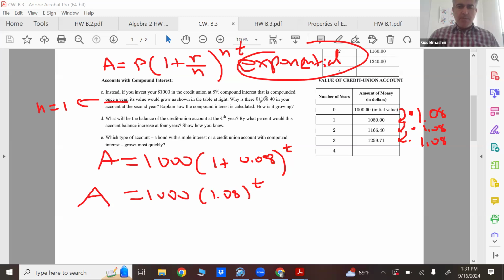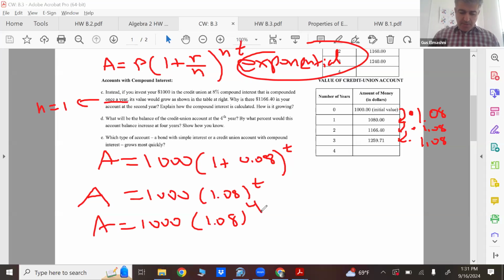So why is there this much money in the second year? Because you're multiplying by 1.08. How's it growing? I mean, I kind of answered part C already. So in order to do this, I can just plug in 4 for T. Or multiply the amount in the third year by 1.08. Either way, you get the same thing.